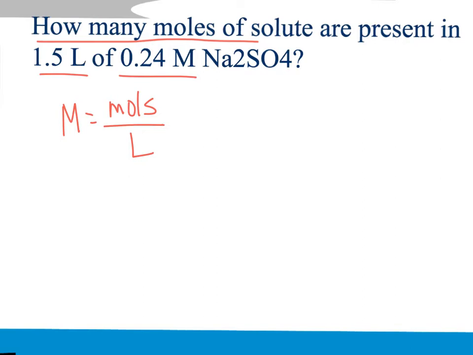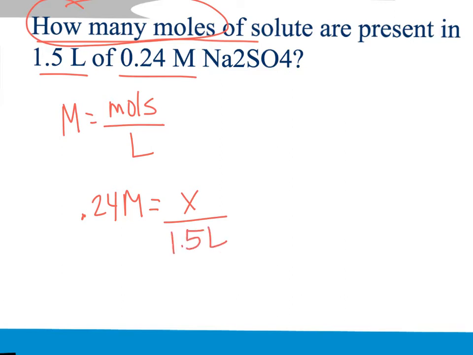Let's see what information is provided in the problem. The question is how many moles, so we're solving for moles this time. We have molarity given to us, it's 0.24. We're solving for moles, so we can say that's X. And we are given the volume, and lucky for us, it is already in liters. Now we're just going to solve for X. To solve for X, you do the opposite operation on both sides.